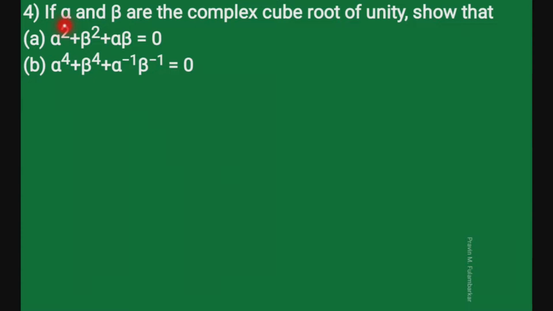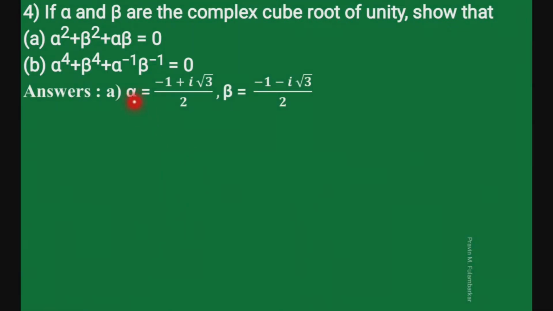So first we must know the value of alpha and beta. Here alpha and beta are the complex cube roots of unity. We already proved that these values are minus 1 plus I root 3 upon 2 and minus 1 minus I root 3 upon 2.